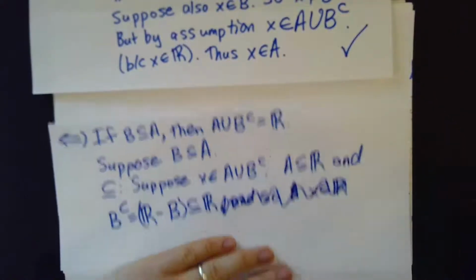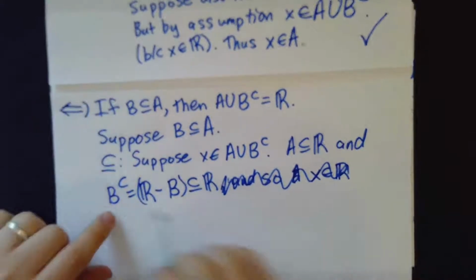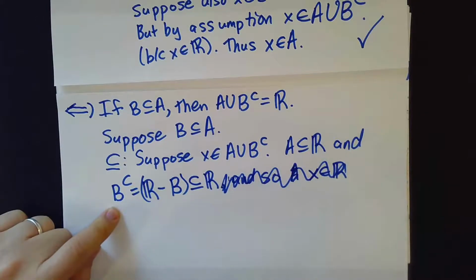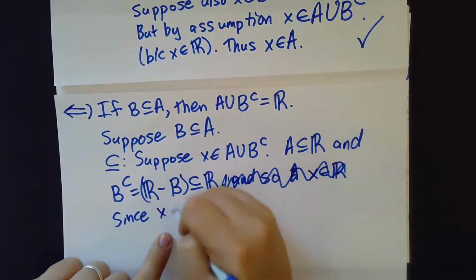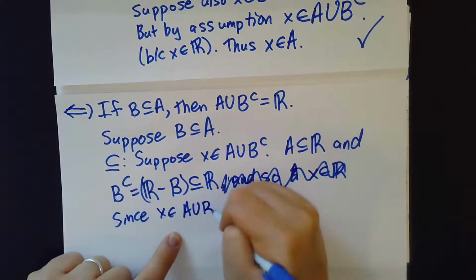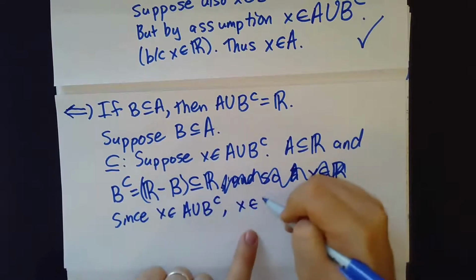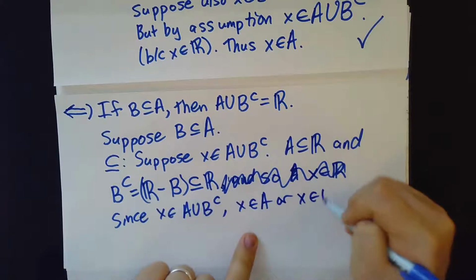Sorry, I wrote this in a way that's kind of ugly. But let me write this in a way that's a little more clean. Since X is in A union B complement, X is in A, or X is in B complement.